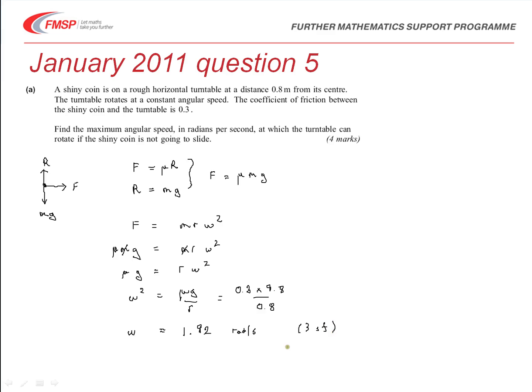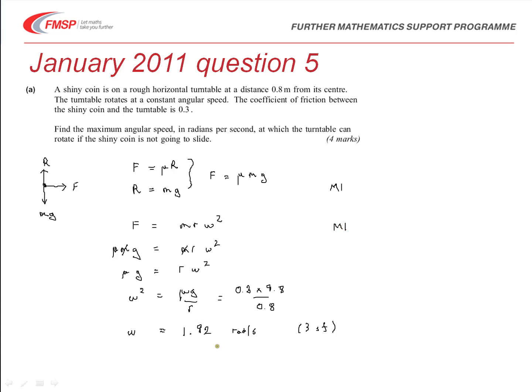Okay, fairly straightforward, that first part. Well, for our 4 marks, recognising that F is equal to mu R in this particular case, we will give you 1 mark. Then recognising that F must equal m r omega squared, that will give you a mark there.